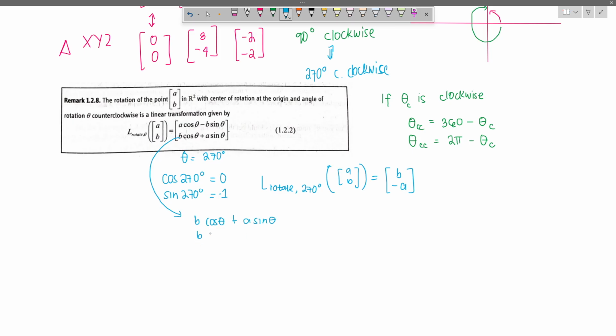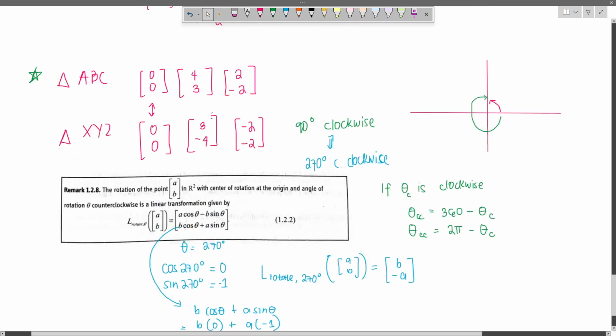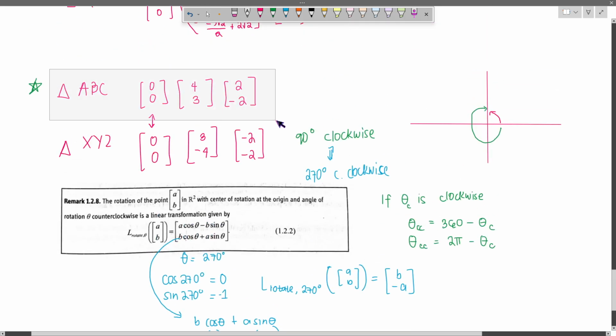So b times 0 plus a times negative 1. So this is going to be 0 plus, or this is going to be negative a. So that's why we got negative a here. And then from there, we can use this to solve for all the points.